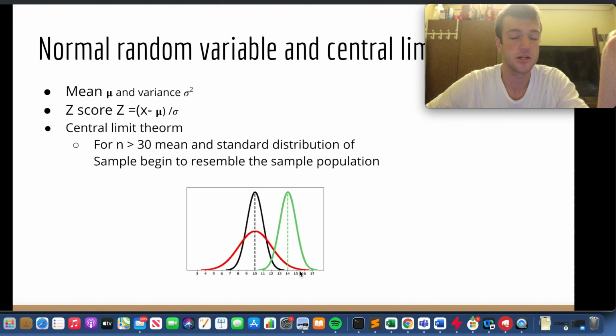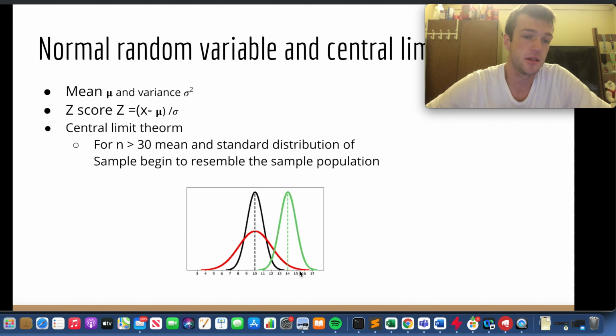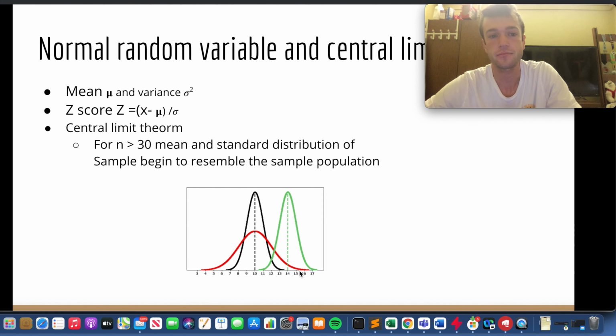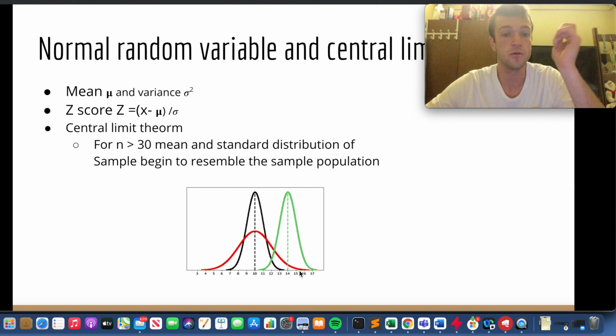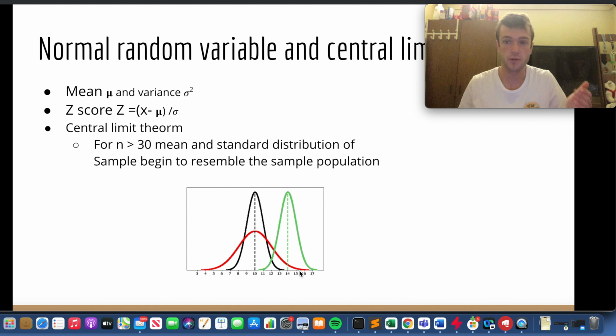Then the central limit theorem. The central limit theorem basically states that if you have a sample that is larger than 30, the mean and the standard deviation begin to resemble the population. So your sample size has to be larger than 30 to begin to resemble the total population.